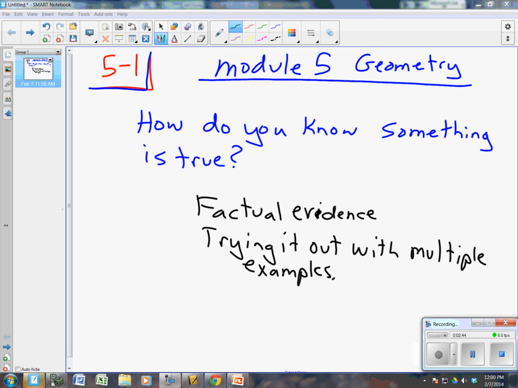And that would be the same thing as factual evidence, okay? Okay, so there's two of them. There's four of them. What was that? Researching, yeah. I think that fits into probably that one right there, doesn't it? Okay, researching.